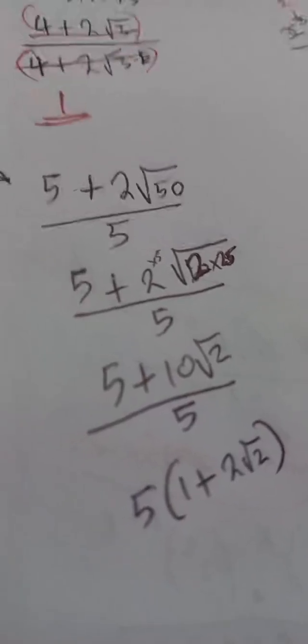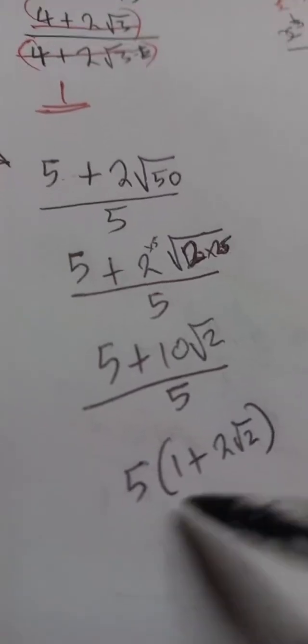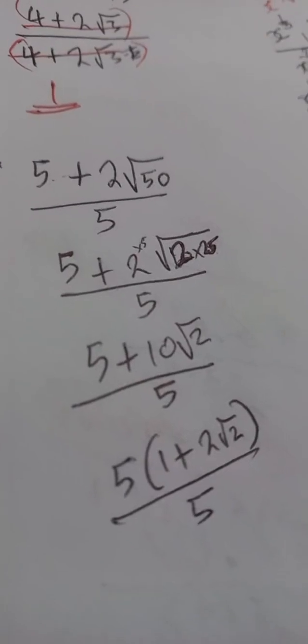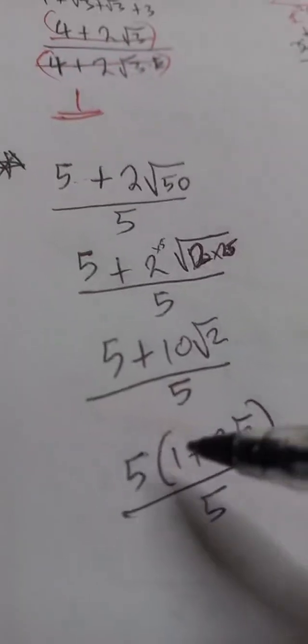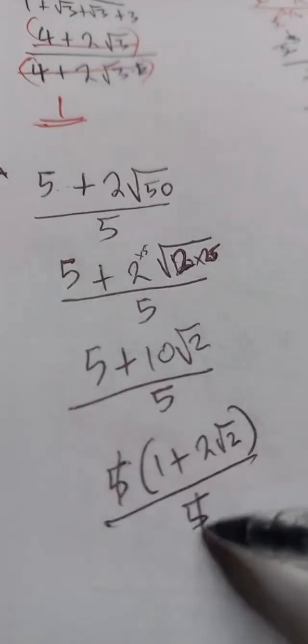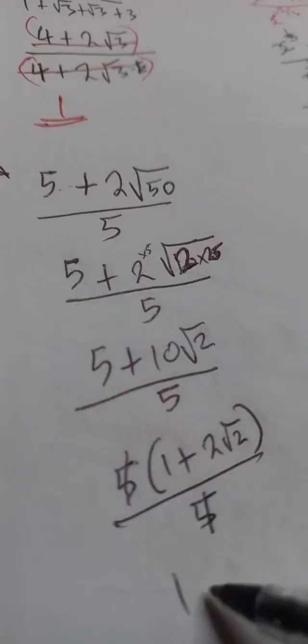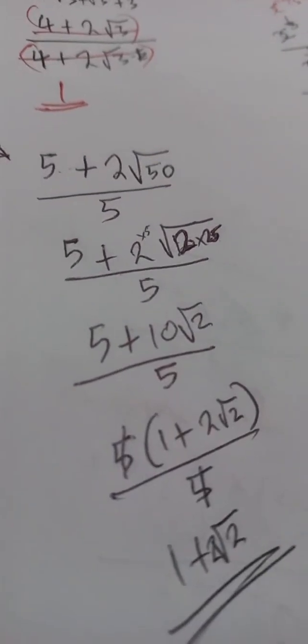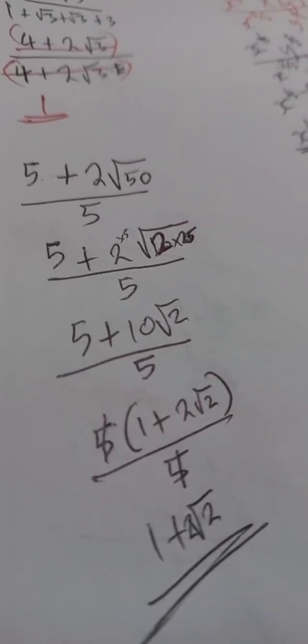Right? And then all over 5. Now we are able to say 5 divided by 5. We are left with 1 plus 2 square root of 2. Like this.